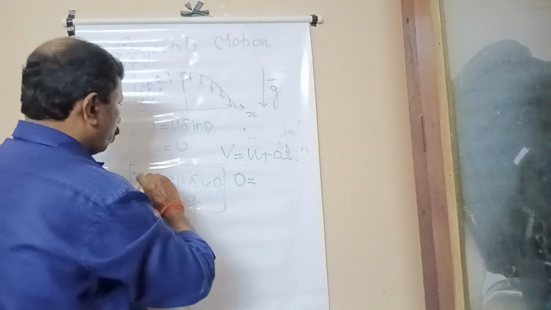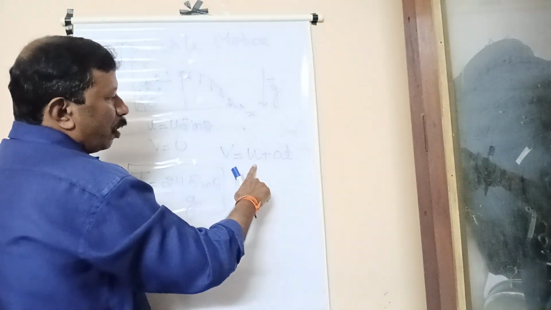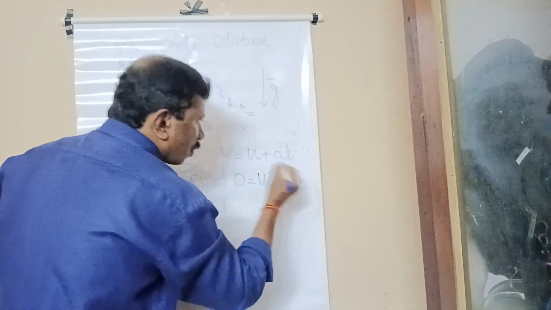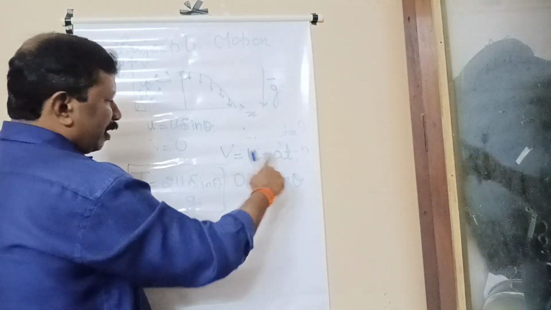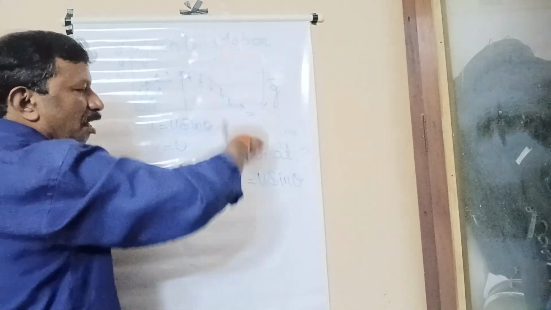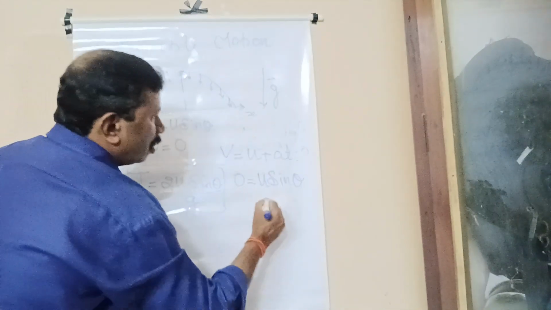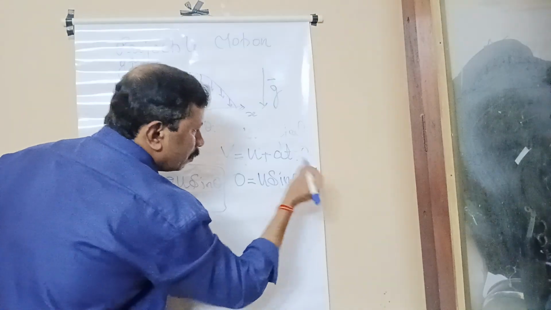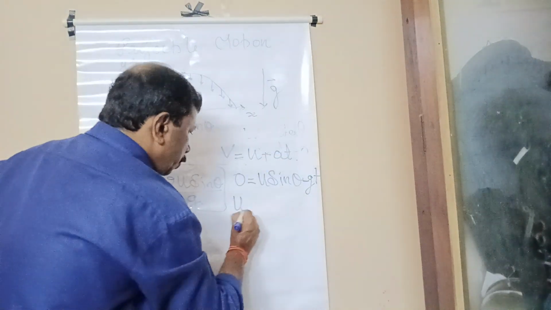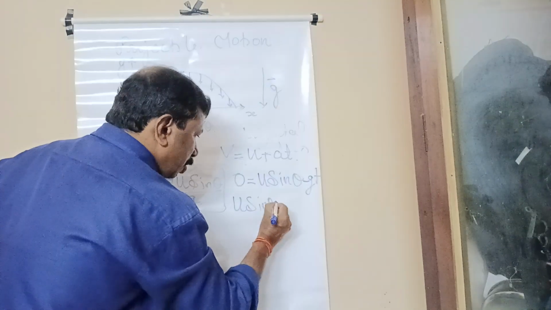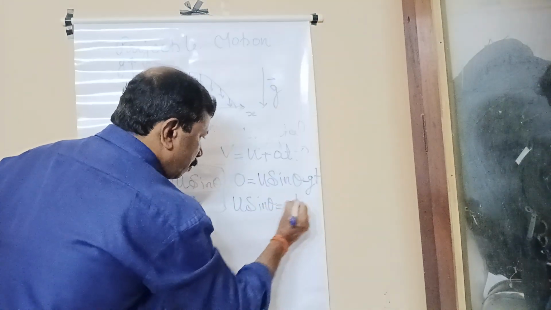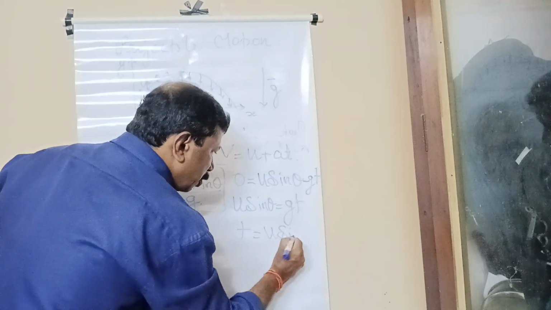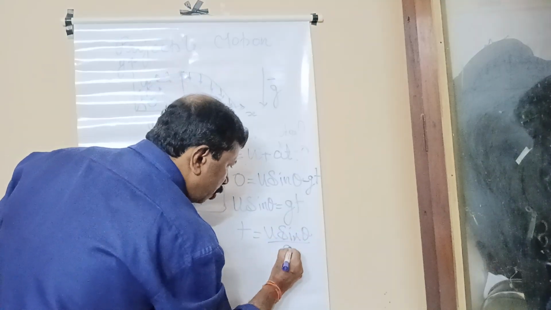The initial velocity is u sin theta, and the acceleration is downward, that is, minus g. So 0 equals u sin theta minus g t, so u sin theta equals g t. Therefore t is equal to u sin theta divided by g.